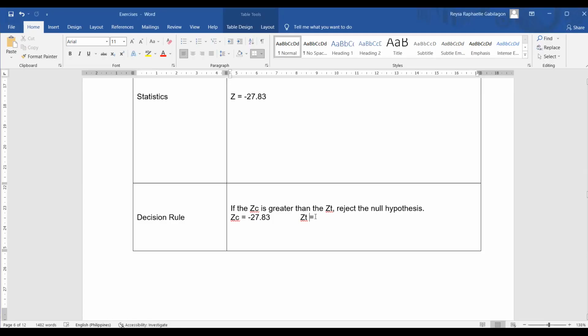So our tabular value here is plus or minus 1.96 since this is a two-tailed test. Okay? Sige. Unstable ang connection. Okay, okay. So again, ito yung ating decision rule.